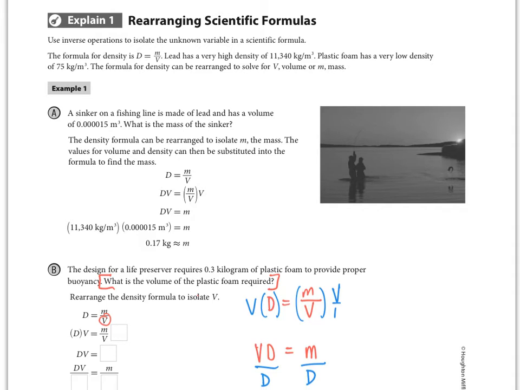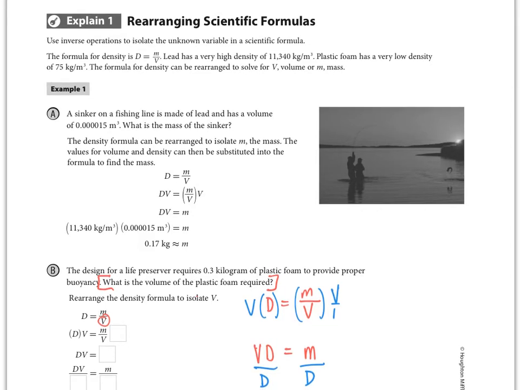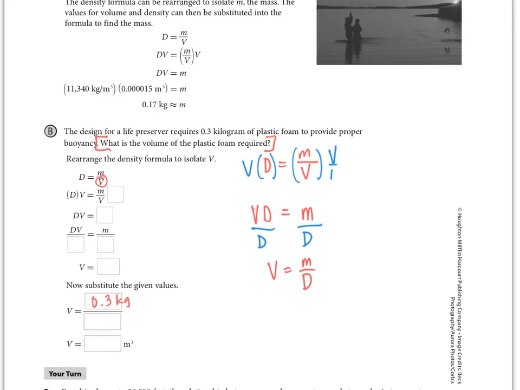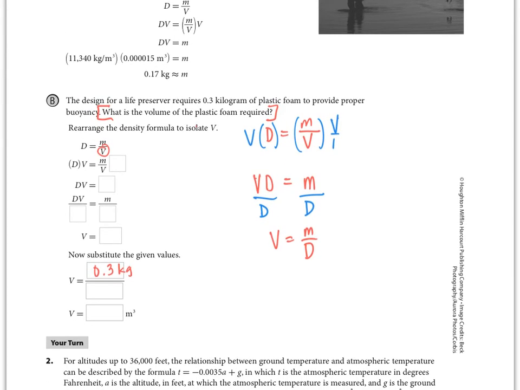And so, plastic foam has a low density of 75 kilograms per cubic meter. So we'll take 0.3 divided by 75 kilograms per cubic meter. And that's going to give us our volume in cubic meters.